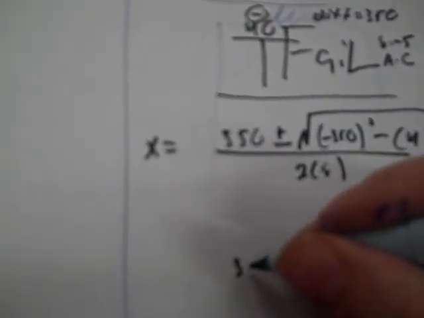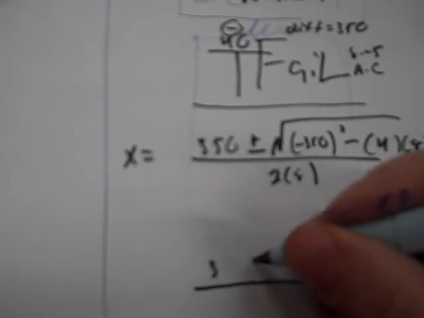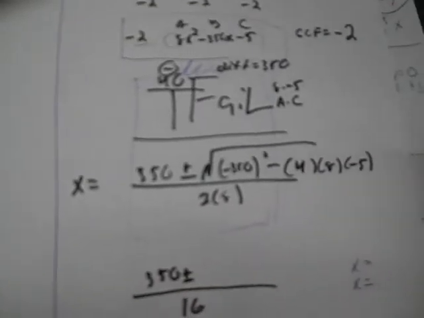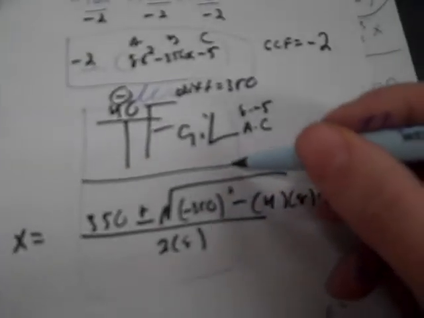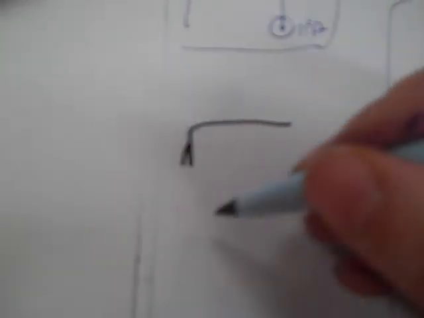Okay, so I've got 350 plus or minus in the front, and that's over 16. All right, then we're going to find what that is. Those of you with the good calculators know how to punch that in.